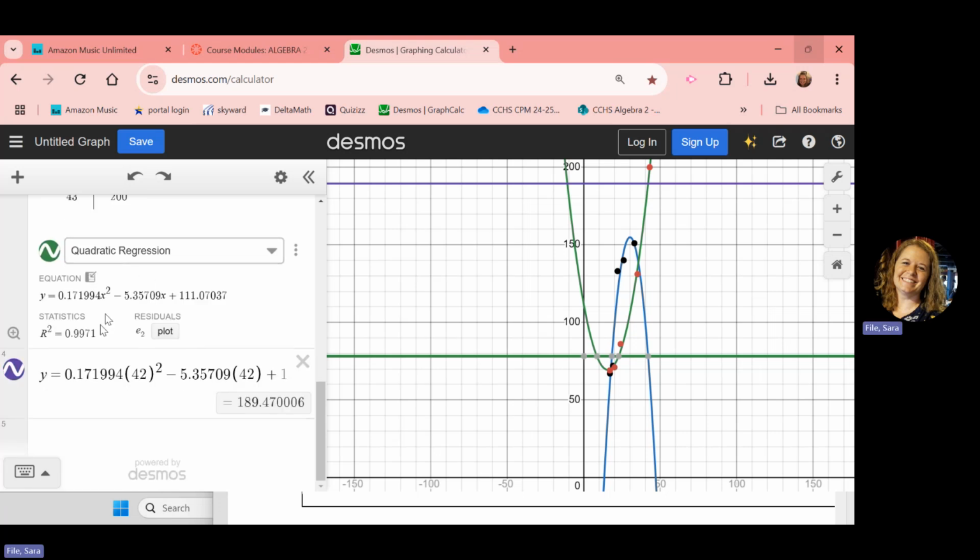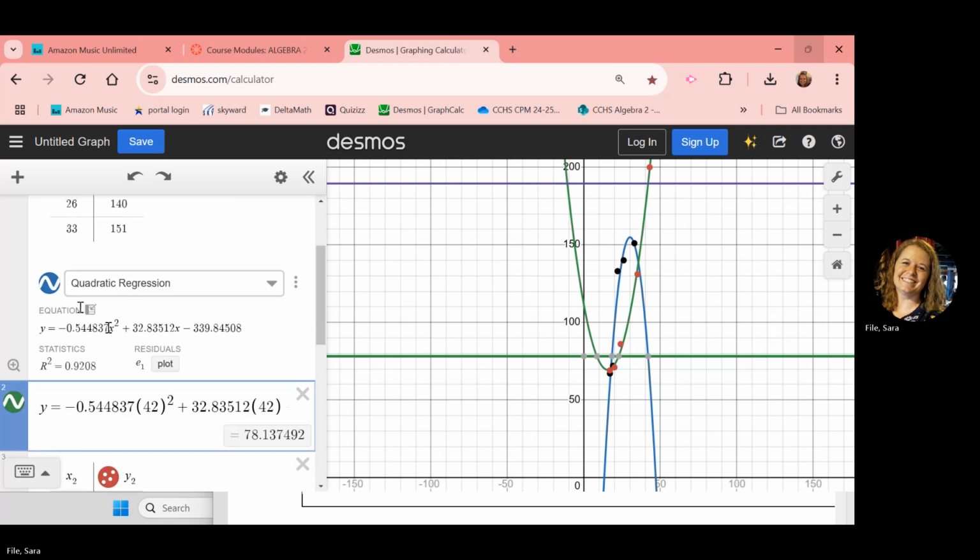Okay, we did quadratic because it was 9971. Quadratic regression on both. Got all those numbers.